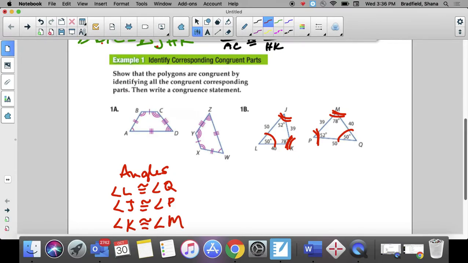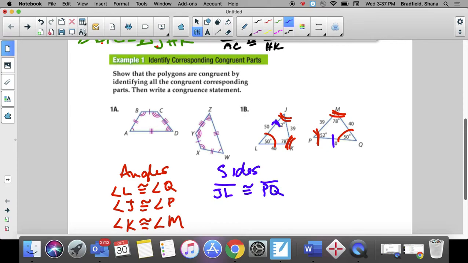Then I'm going to go through and do the matching sides. So for the sides, I have side JL is congruent to PQ.